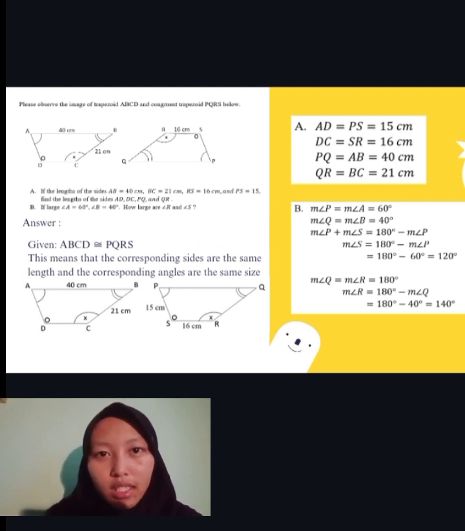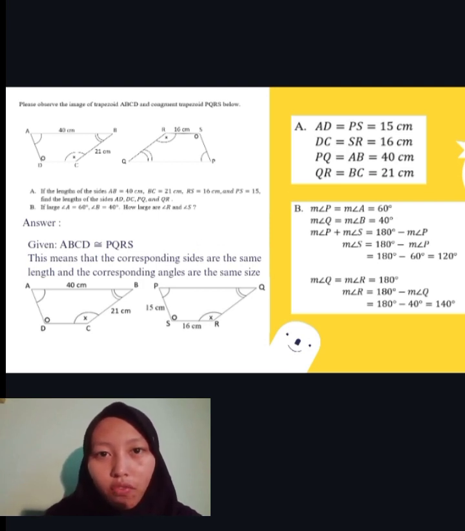Next, for the side length PQ, we can see from the problem that the position of PQ corresponds to the position of AB. So we write PQ equal to AB. AB has a length of 40 centimeters. This means that the side length of PQ is also 40 centimeters.